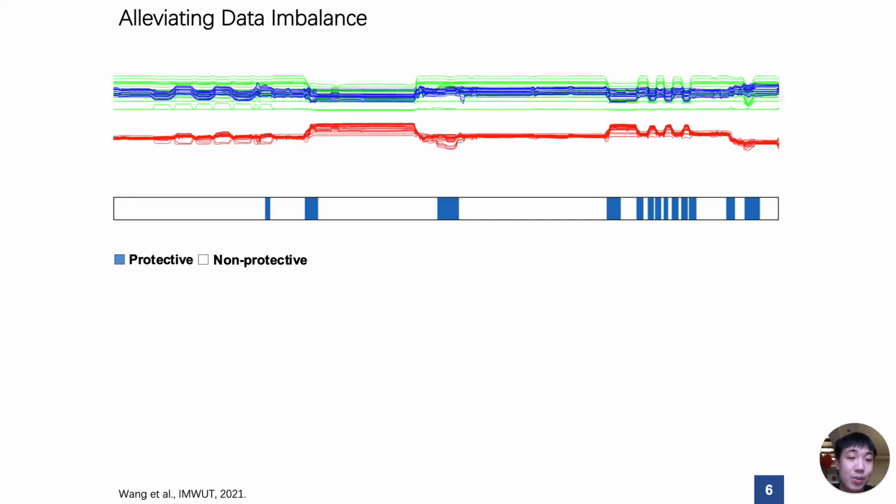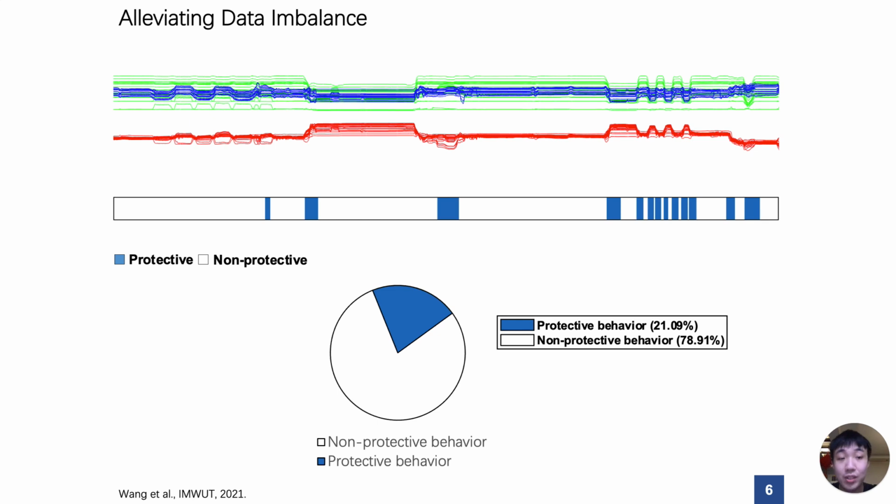Thereon, this paper proposes to improve the modeling performance from two perspectives. The first factor we can tell from the data side is the data imbalance. As we can see, the positive class of protective behavior only takes up around 21% of the data.